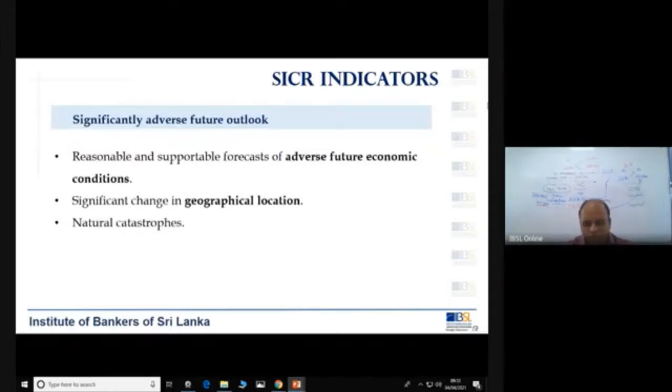And also, I just ran through here and there with regard to natural catastrophes. Like now say we have continuous floods. Continuous floods means what happens? The businesses that are in that particular locality will be badly affected. Or where there is drought, the companies which are dependent on agricultural activity, due to drought, what will happen?